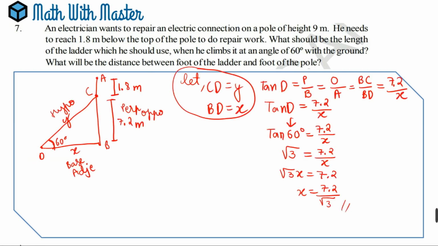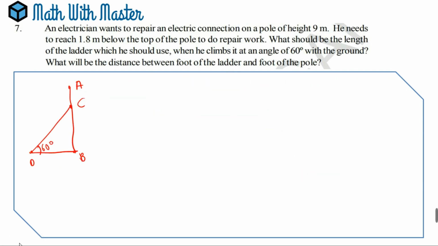This is 7.2 meter and this is 1.8 meter, and this is Y, this is X. For angle D, BC is perpendicular or opposite, BD is base or adjacent, DC is hypotenuse. So now we have to find Y.